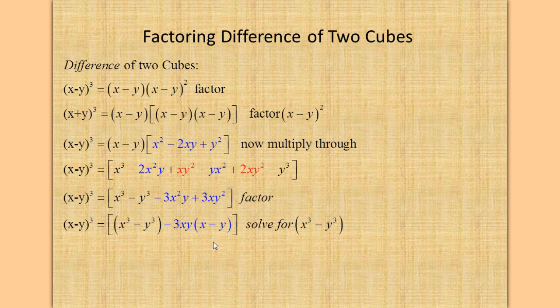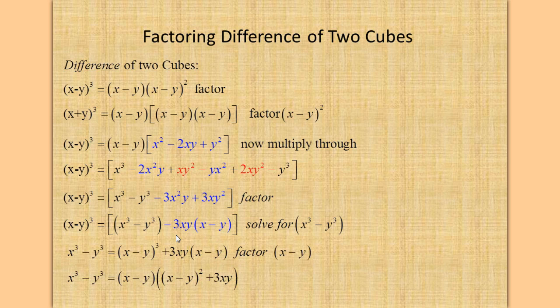And then we can factor out x minus y. We move our minus 3xy times x minus y to the left-hand side of the equation. That leaves us with x cubed minus y cubed, the difference of two cubes, on the left-hand side, and then we can factor out x minus y on the right-hand side.